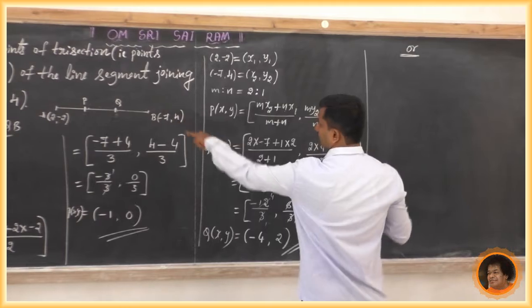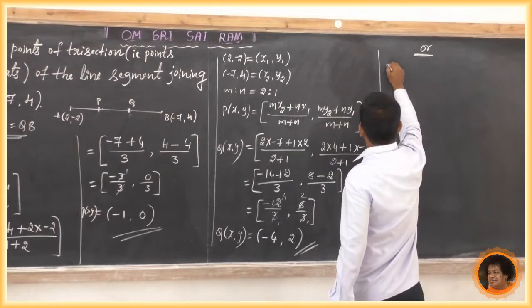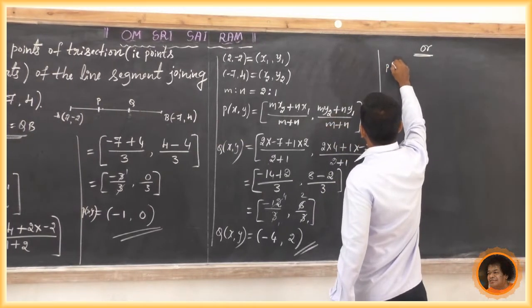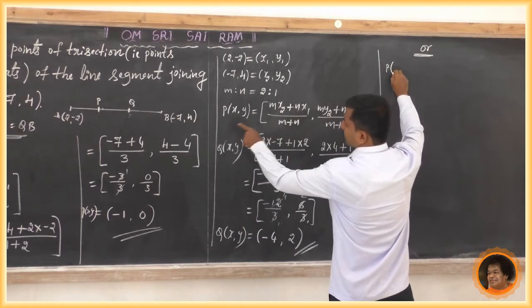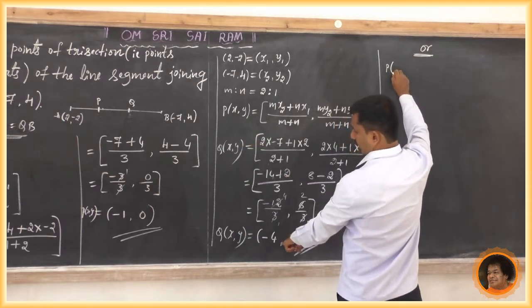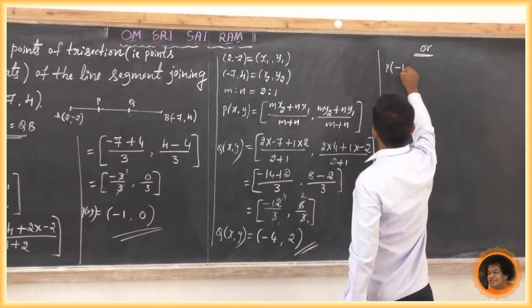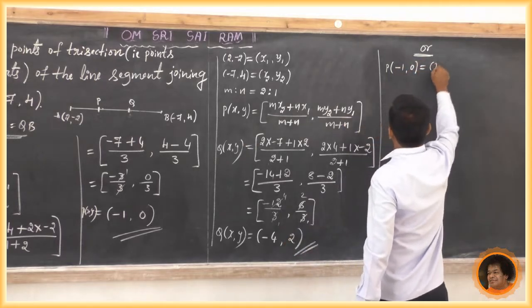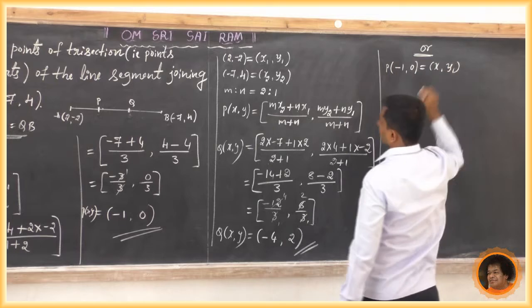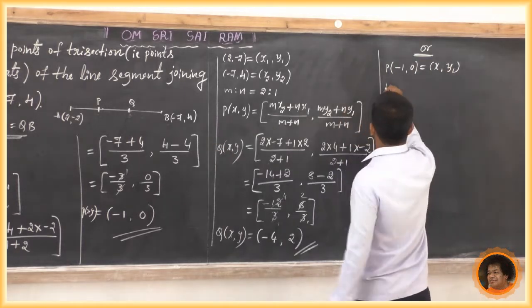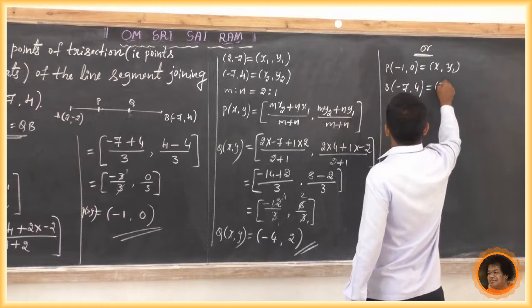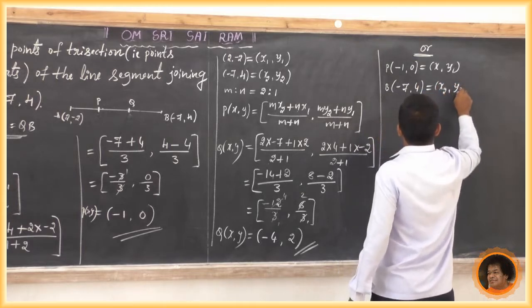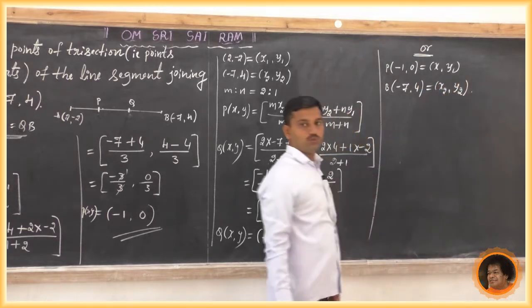Q is the midpoint of PB. The coordinates of the point P are minus 1, 0. Let us consider x1, y1, and the coordinates of the point B are minus 7, 4, x2, y2.